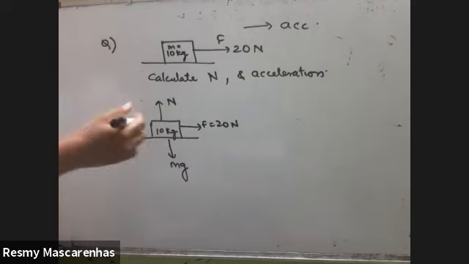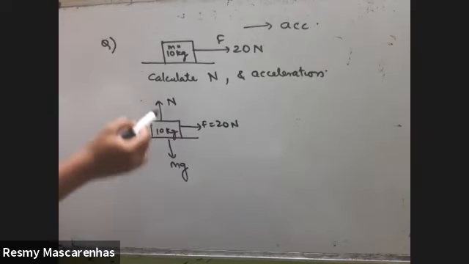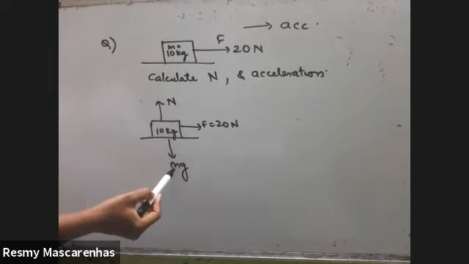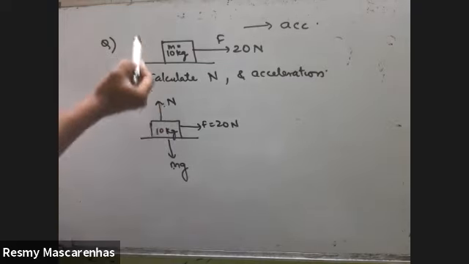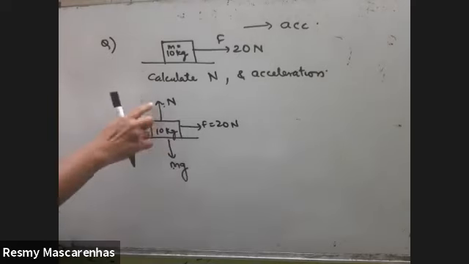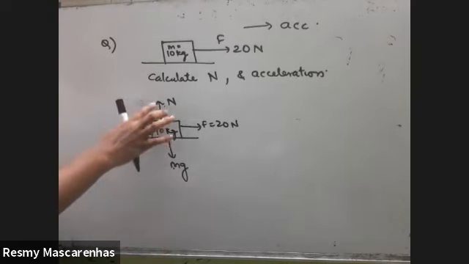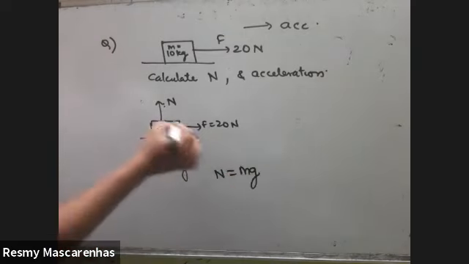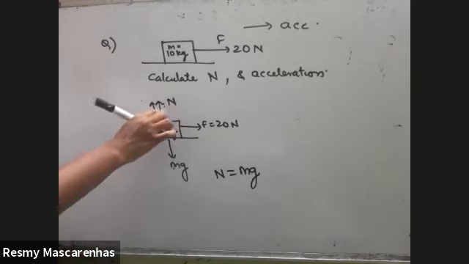Now we know that the force of gravity will always be equal to your normal. So as per that, you have to equate your vertical forces. N will be nothing but m into g. If there was one more force in the same direction, they would have got added.